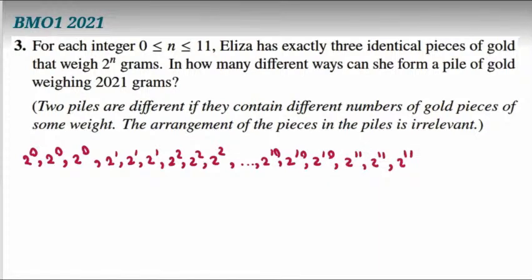Okay. It says in how many different ways can she form a pile of gold weighing 2021 grams? That's this problem of 2021.